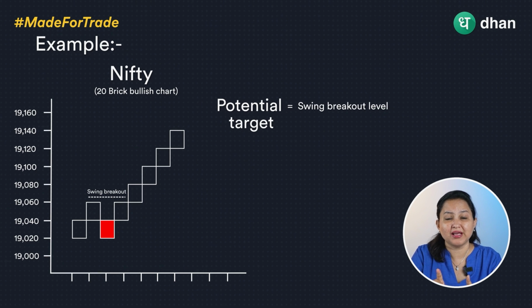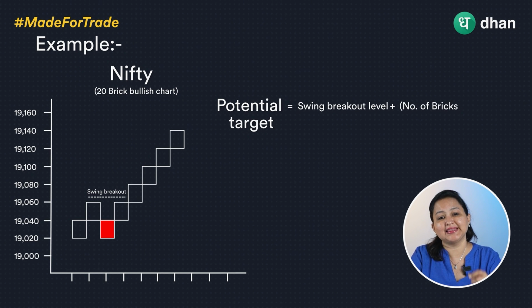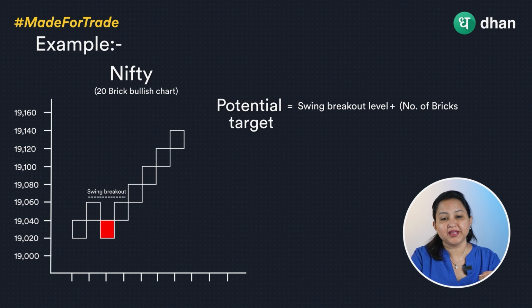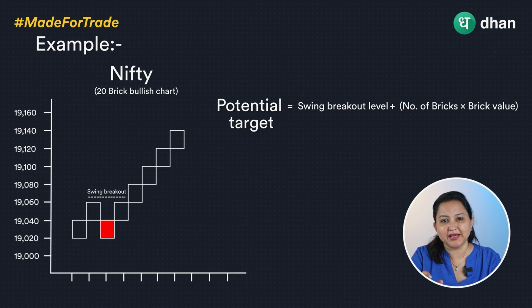Take the swing breakout level, which is known to us, and add the number of bricks in that swing, multiplied by the box value. The box value is decided by the user.